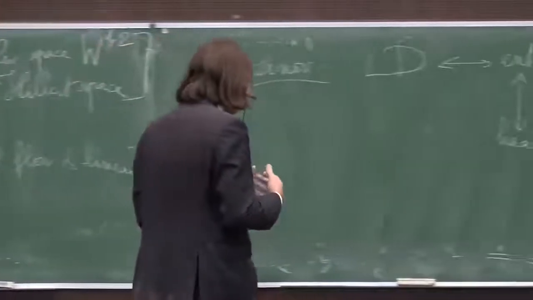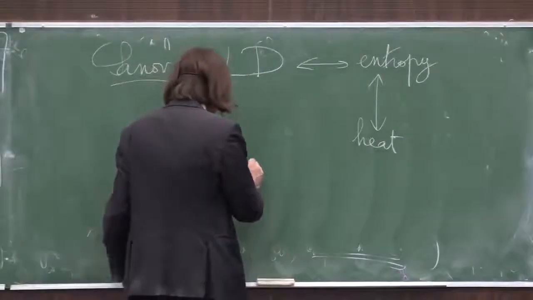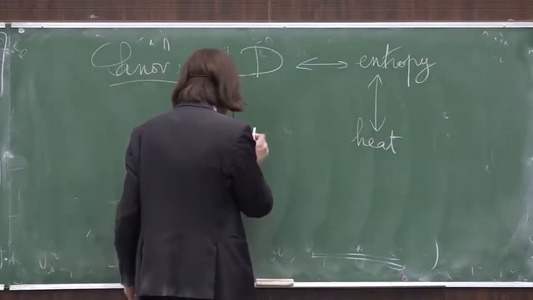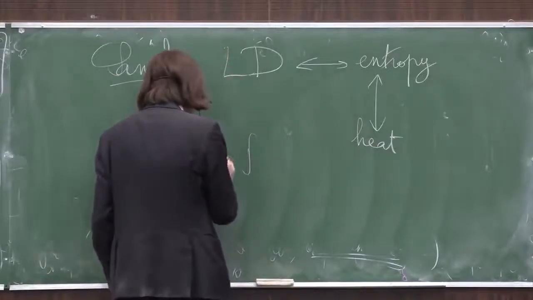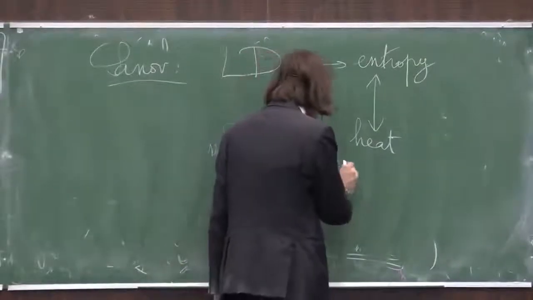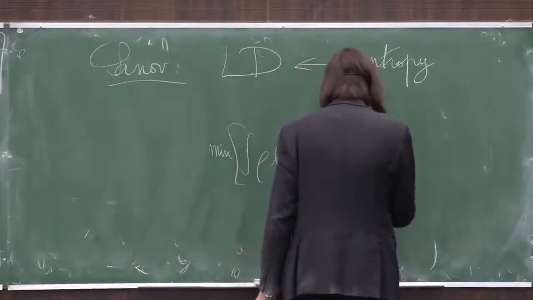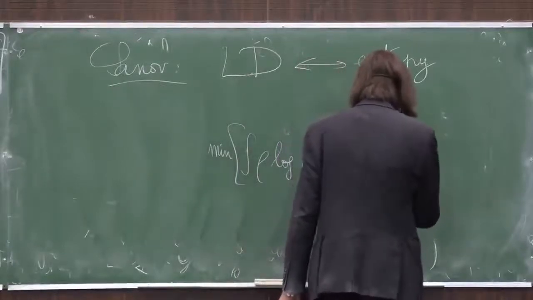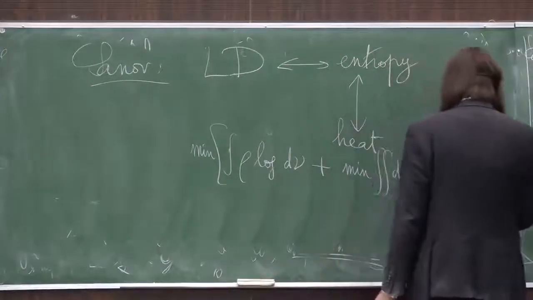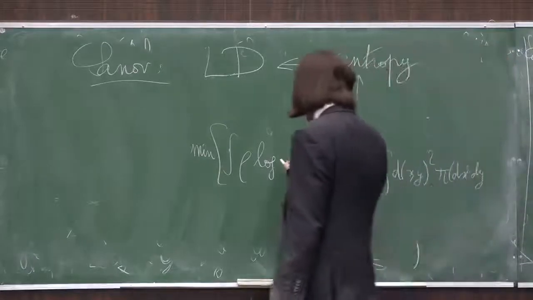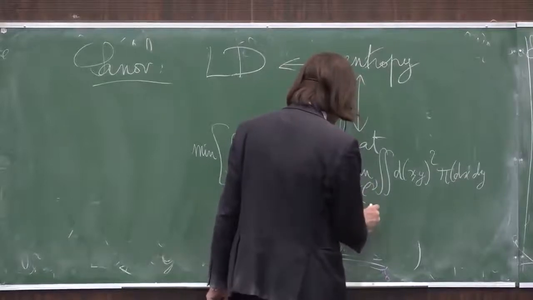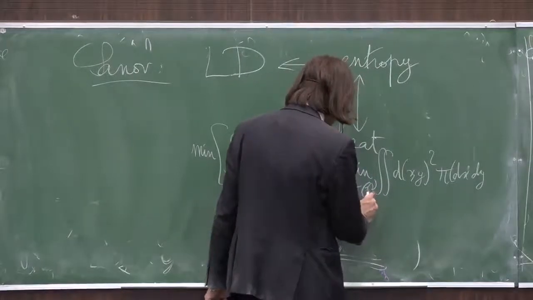Now, when I look at the optimal transport, each time I am minimizing the integral of rho log rho d nu plus the transport cost, which will be something like the minimal integral of distance xy squared d pi dx dy, where pi is between rho_k nu and rho nu.